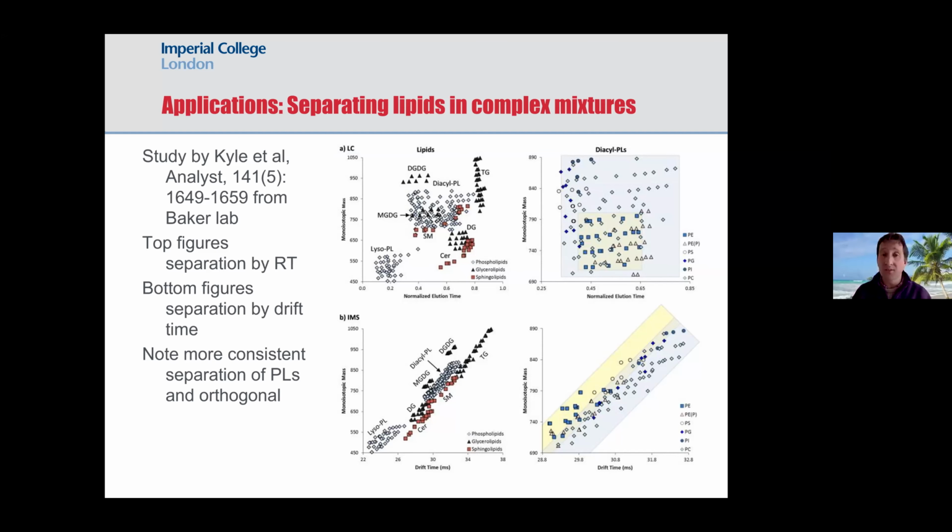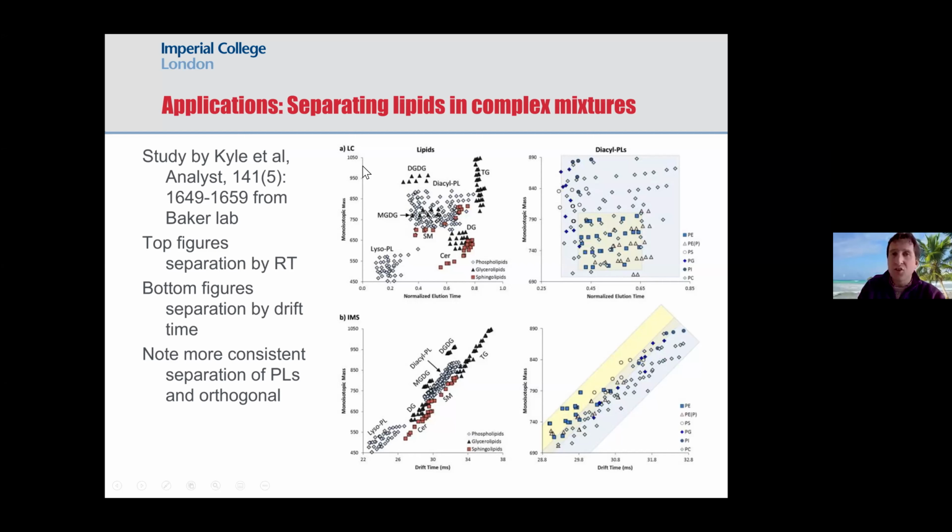So in the top 2 plots over here, we've got normalized elution time across a series of species that we might detect. This is reverse phase chromatography here that we're detecting by LCMS. I think in this example, they've condensed down a 15-minute or a 45-minute run in terms of some of these lipid species down here.